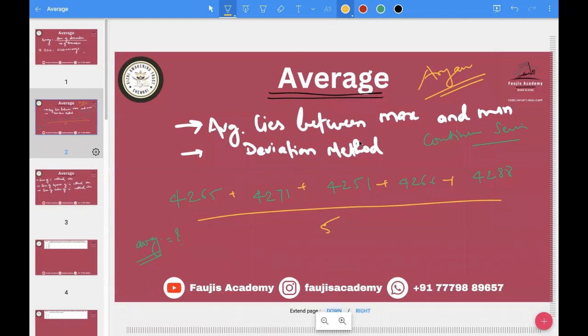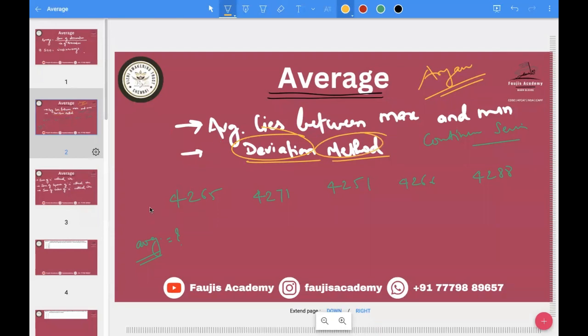So this is one method, but then you will realize that you have to do all this cumbersome calculation. So what we do is change the script a little bit, and then we use something called the deviation method, or whatever XYZ method you might have heard, read, or watched in some video.